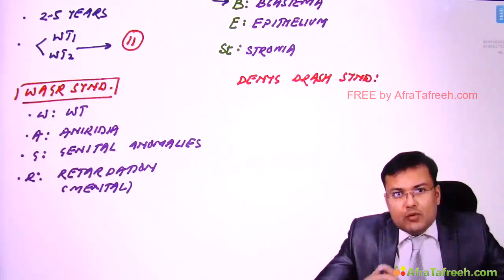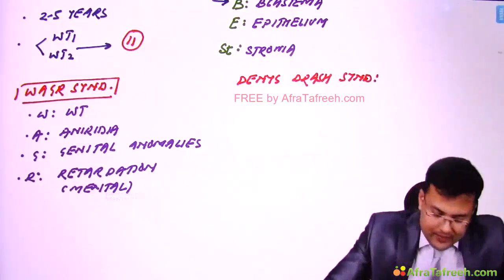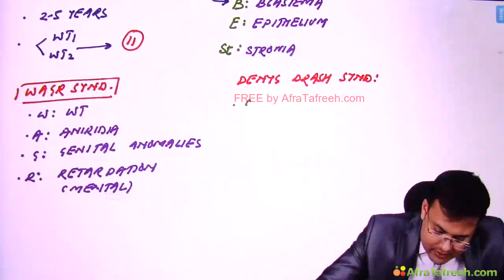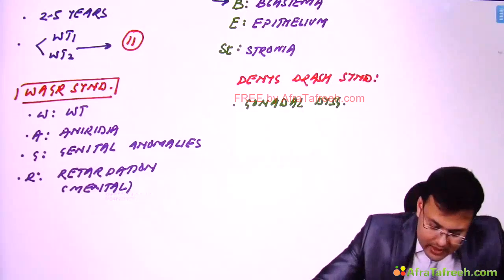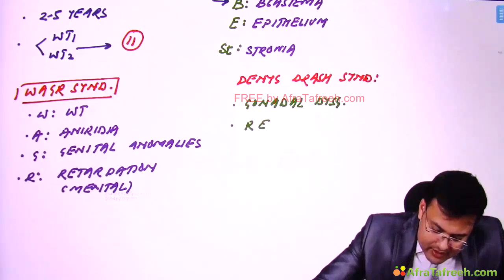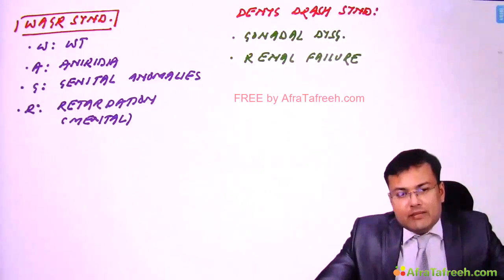So apart from gonadal dysgenesis, these patients have renal failure. Clear? And the most frequently asked one is Beckwith-Wiedemann syndrome.